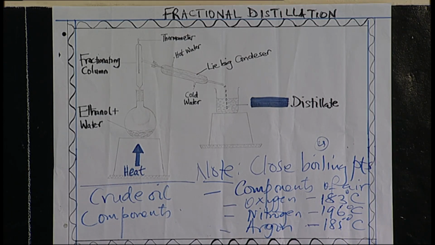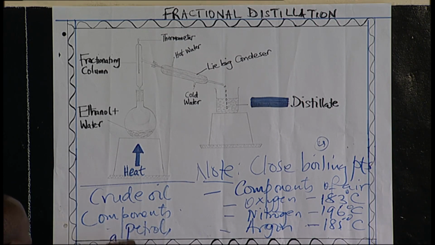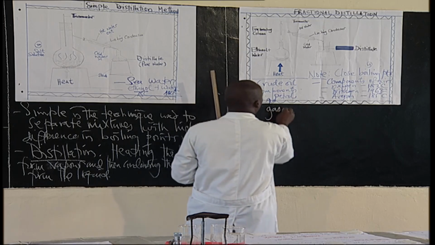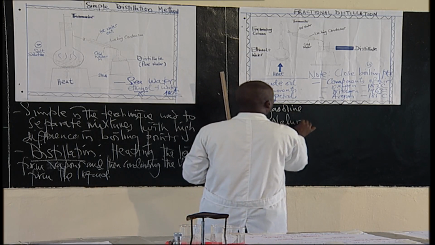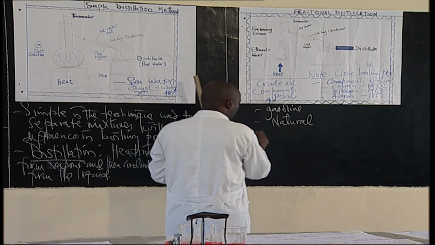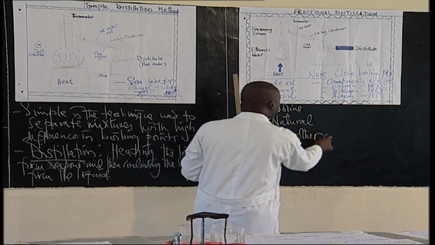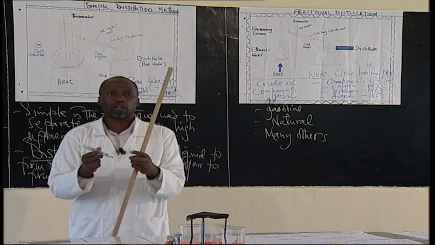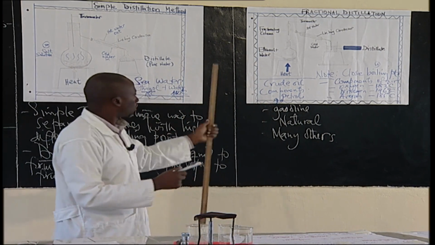We have petrol, we have gasoline, we have even natural gas, and many others. These substances have close boiling points. Those are the components of crude oil.